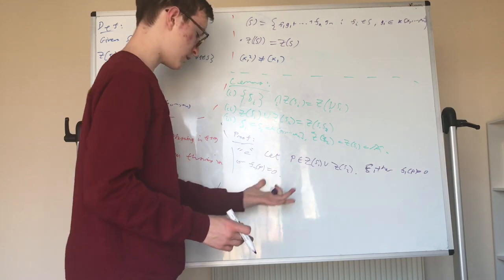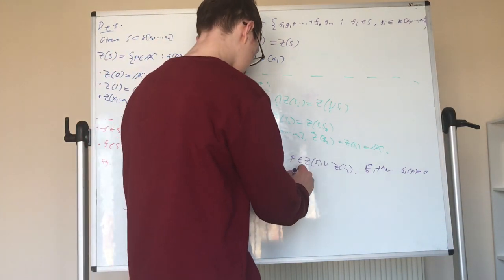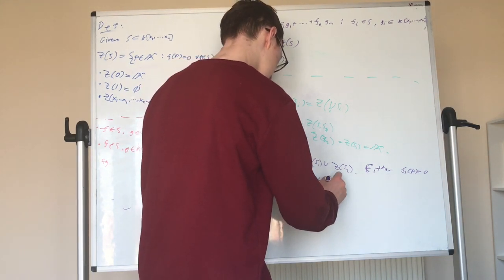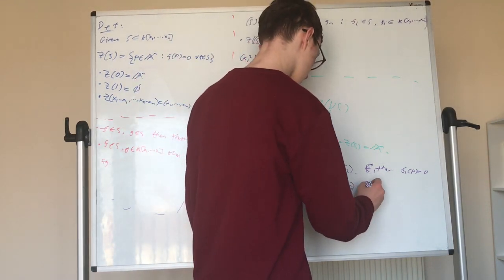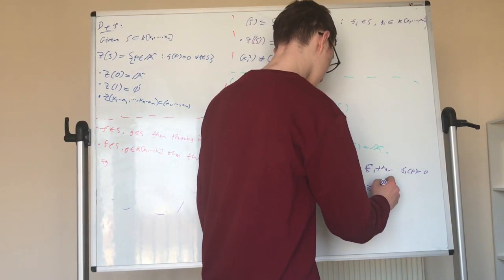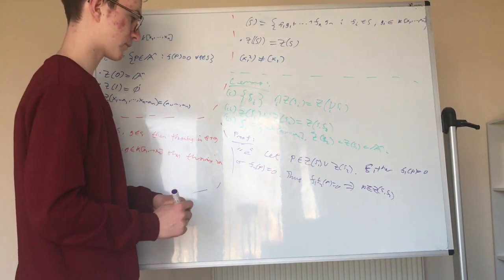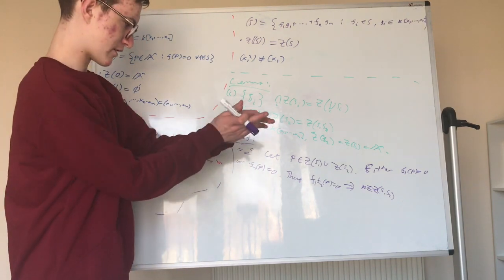But therefore, when we multiply them together, we get F1 F2 of P is equal to 0, and so P is also an element of Z of S1 S2. So that's a nice little proof for that direction.